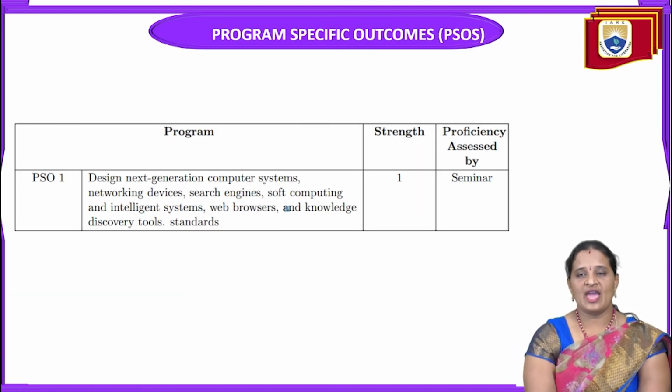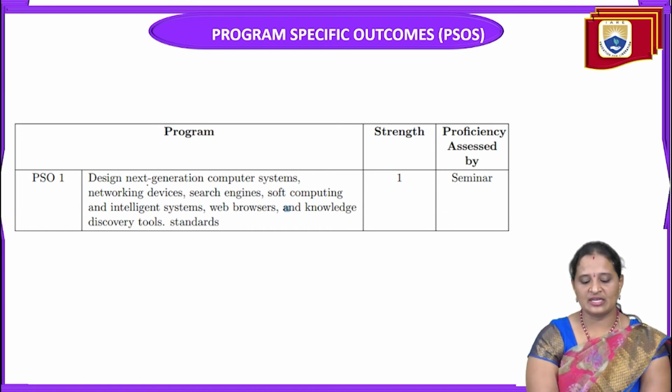And PSO, we have defined 3 PSOs for the department. So the PSO1 is mapped here. That is the design of next generation computer systems, networking devices, search engines, soft computing and intelligent systems, web browsers and knowledge discovery tools standards.